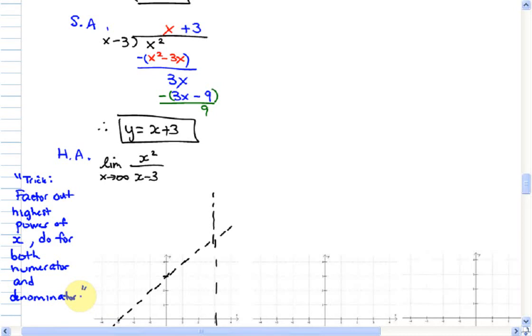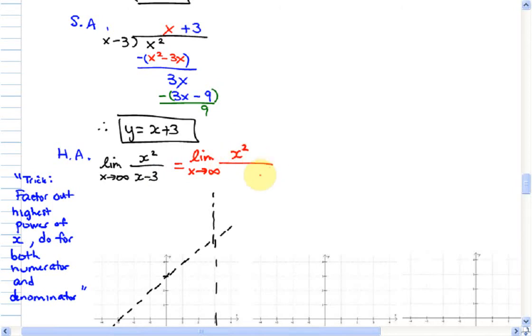I'll give you a chance to copy that down. So with this, I'm going to ask you to take a look at what's the highest power in the numerator. It's x squared, right? But because there's only one term, I'm not really factoring out anything, so let's just leave it as that.